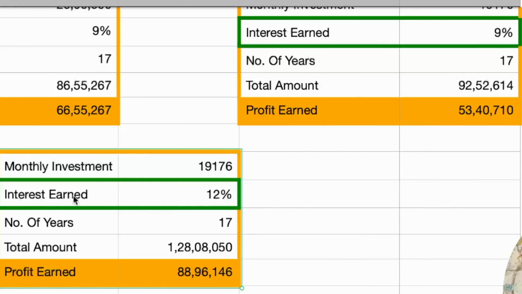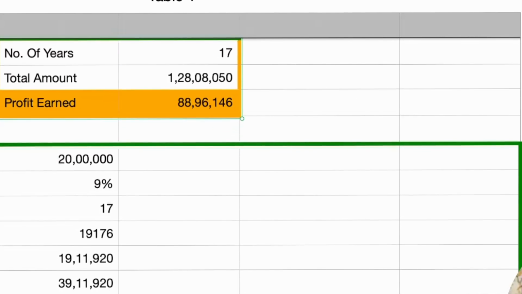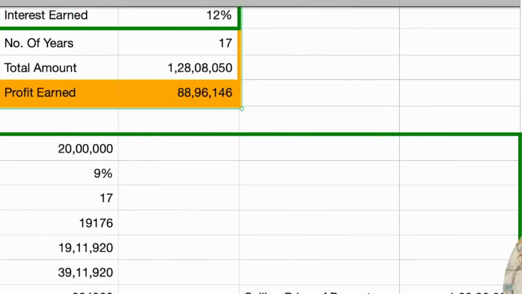I'm not talking about any higher return rate. So just by earning a return of 12%, the person is able to make a profit of 88 lakh 96,000. So this is around 89 lakh rupees, right? So if you see this number, this is 30 lakhs more compared to the return the person would have made by buying a property and selling after 17 years, right?